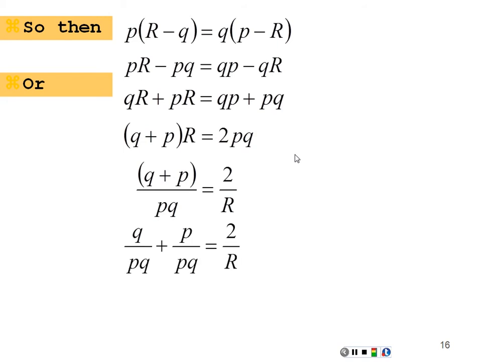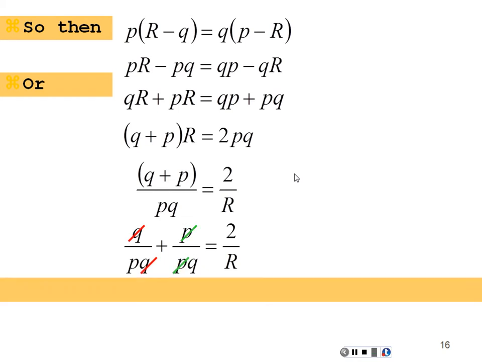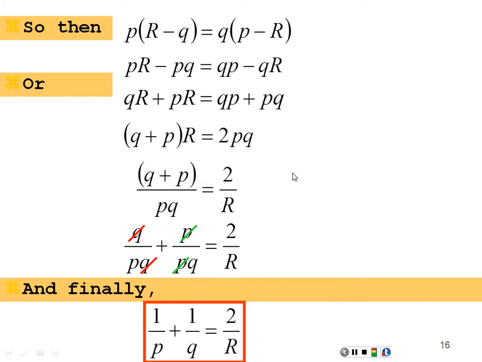I could write that as, get rid of the q's on these terms and the p's on this term. Finally, I get 1 over p plus 1 over q is equal to 2 divided by r.